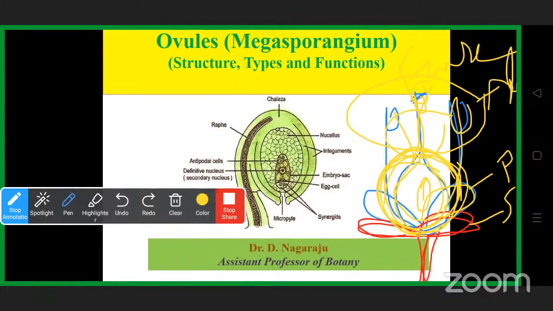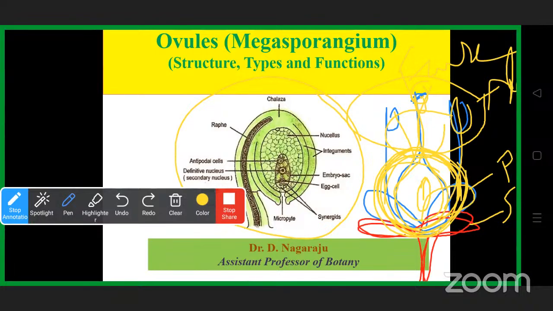Megasporangium, or ovule: in the ovary the ovules are present. There are six types of ovules based on the ovary, and that also we will discuss. The structure of the ovule also we will discuss. You see how the structure of the ovule is.